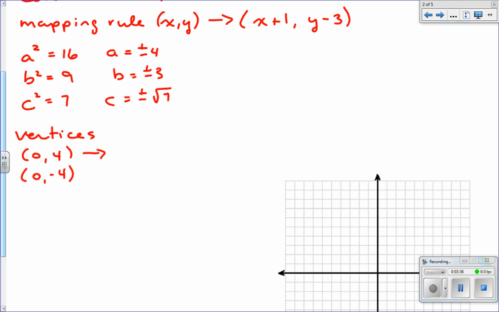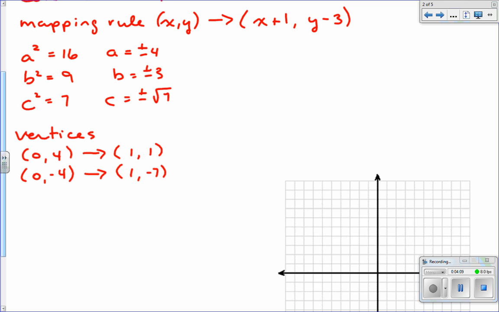But if we apply the mapping rule to them, and the mapping rule adds 1 to the x and subtracts 3 from the y, this point will map onto (1, 1). Okay, adding 1 and subtracting 3. So you can try that with this other point. You can press pause at any time and try translating the other pieces, and then hit play again when you want to check your answers. So our second vertex will map onto (1, negative 7).